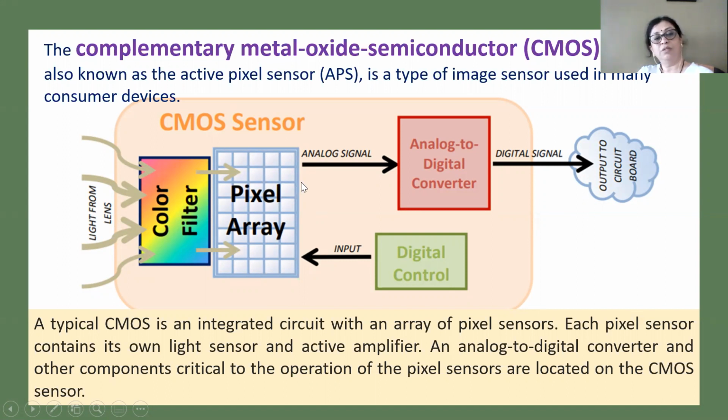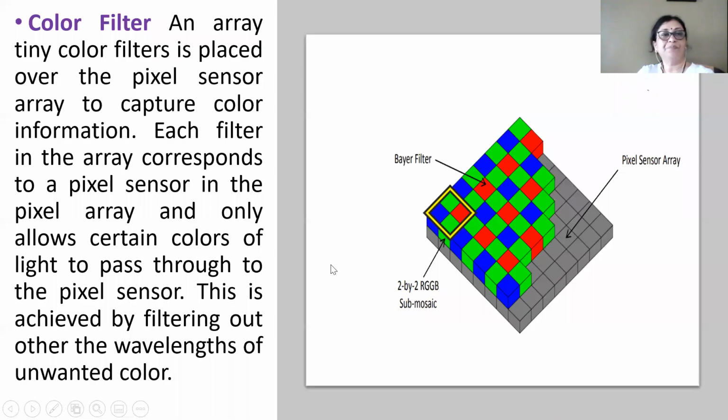Then the output of this pixel array is given to an analog to digital converter. So it has an output circuit board. This digital signal is connected to the output circuit board, and there is a digital control which is used to control all these components. So these are the various components of CMOS sensor.